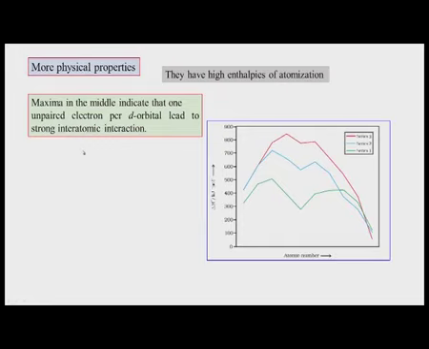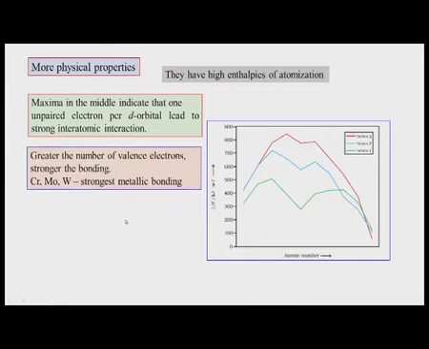So, this strong interatomic interaction may lead to a very high enthalpy of atomization. So, enthalpy of atomization is also increasing in order going from left to right, and the maxima in the middle indicate that 1 unpaired electron per d orbital is important.